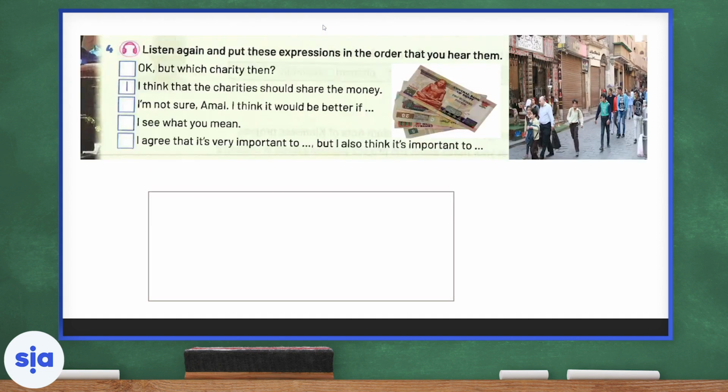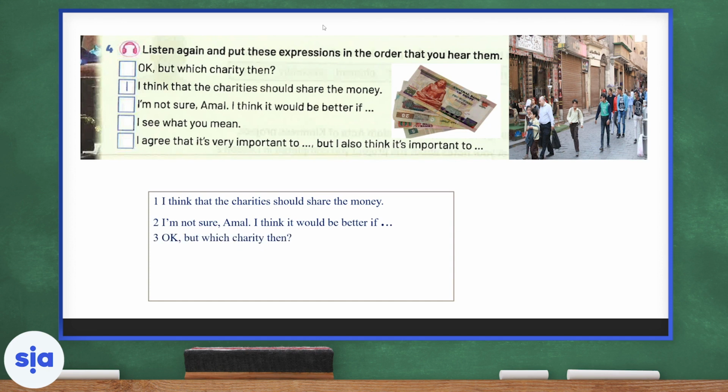Now you may listen one more time, and then we're going to put these expressions in the correct order that we hear them. Let's check our answers together. Number 1 is done for us. So number 1 is, I think that the charities should share the money. Number 2, I'm not sure, Amal. I think it would be better if.